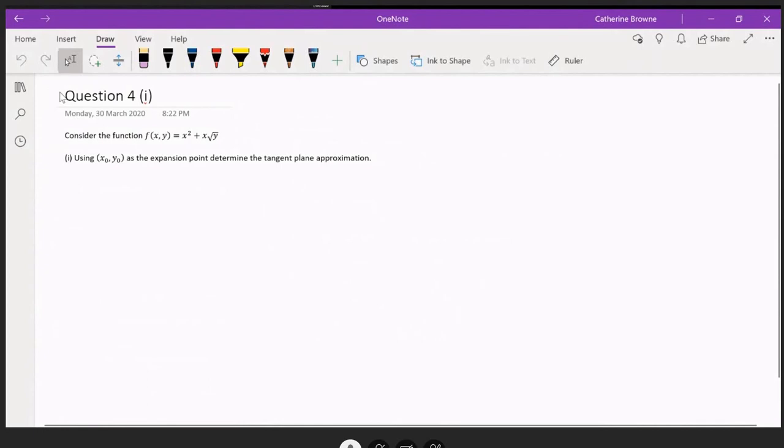So, we've got a function of x and y again, and just using the point x naught, y naught, we're going to determine a tangent plane approximation. So the first step we need to do is find the first order partial derivatives.